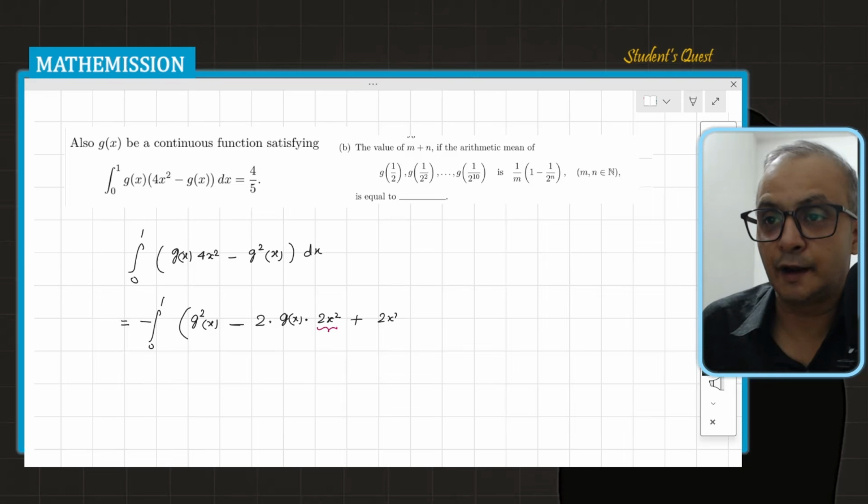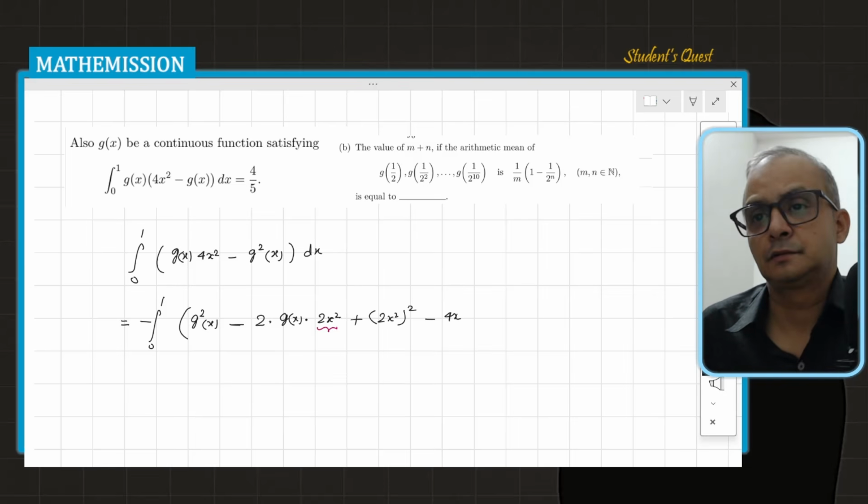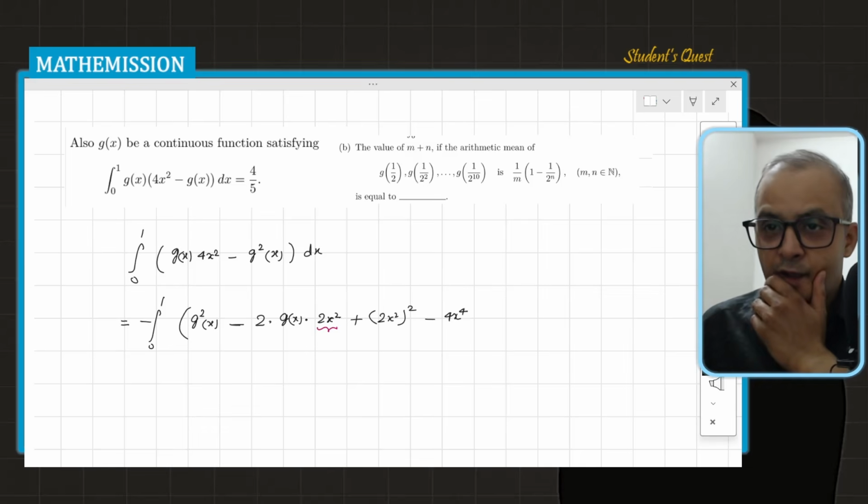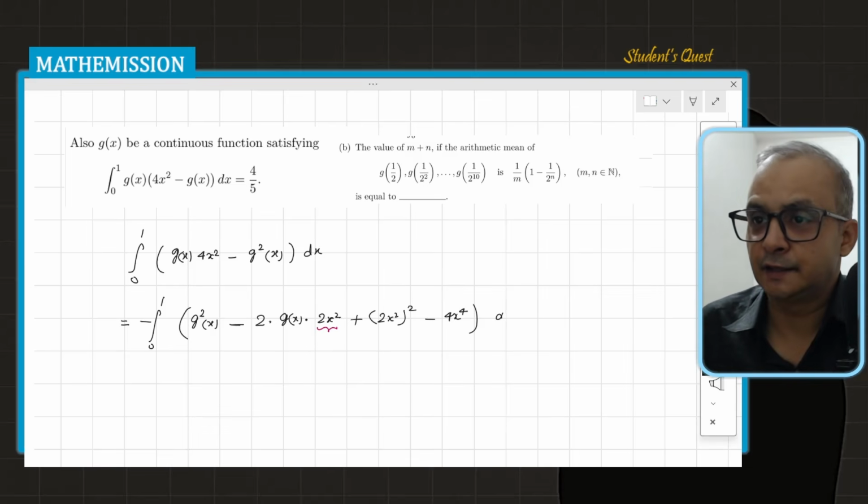So 2x squared, whole squared, and to compensate for it I'm subtracting inside only, so I'll give you 4x to the power 4, and after this will become dx.